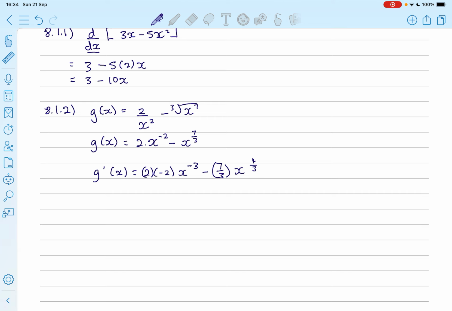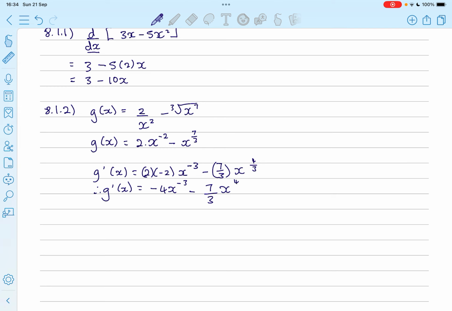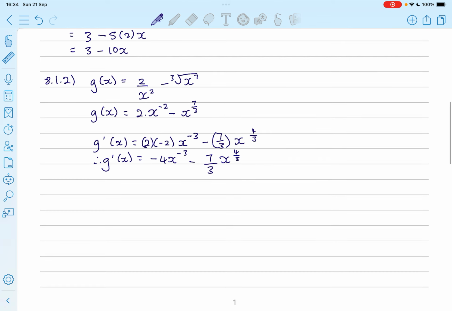Okay, now we can just simplify further. So therefore, g prime of x is equal to negative 4x to the negative 3 minus 7 over 3 x to the 4 over 3. And we can leave it in this form. If you'd like to convert it to being fractions and also adding a root sign, that's also fine.